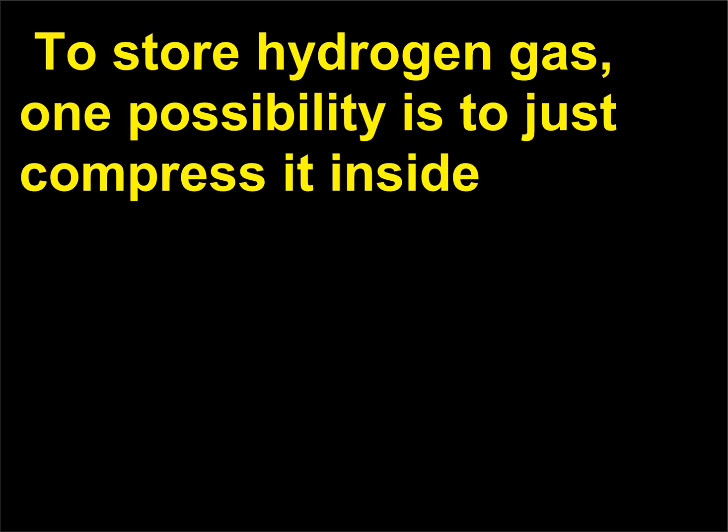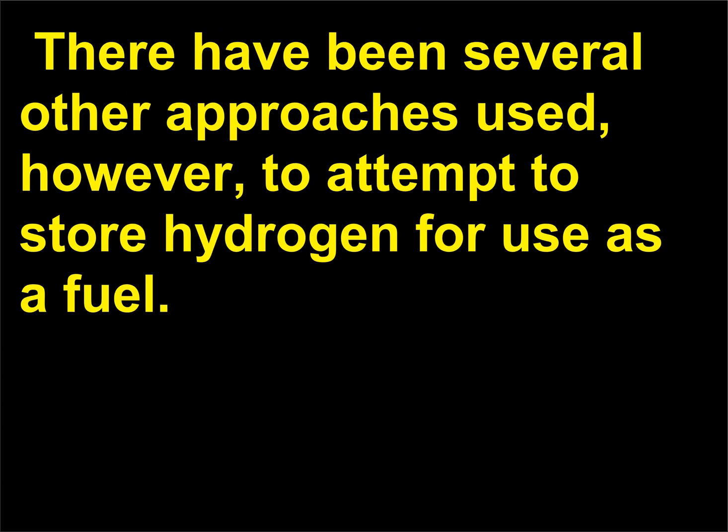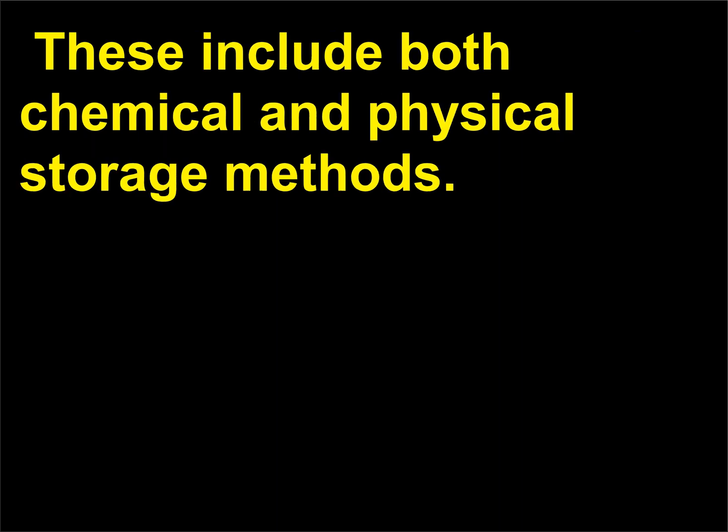To store hydrogen gas, one possibility is to just compress it inside a metallic container, similar to what is typically done with other gases. There have been several other approaches used, however, to attempt to store hydrogen for use as a fuel. These include both chemical and physical storage methods.